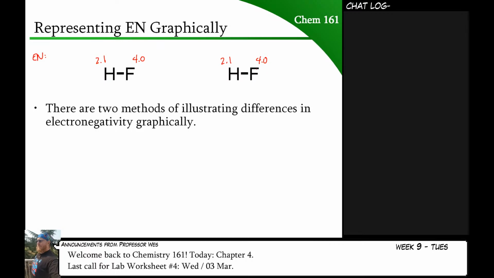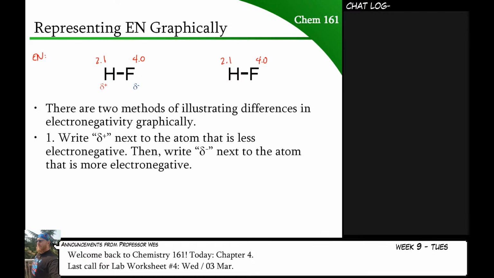The difference is 1.9, which we would categorize as ionic according to those rules. Not great, because HF is actually mostly covalent. It's kind of skirting right the fine line between ionic and covalent. But let's assume that it's polar covalent. What do we draw to represent this symbolically?